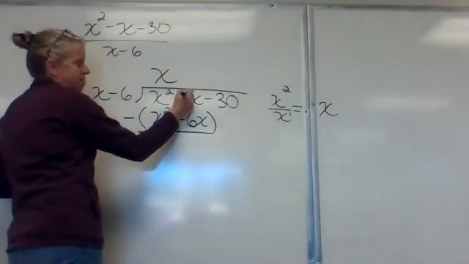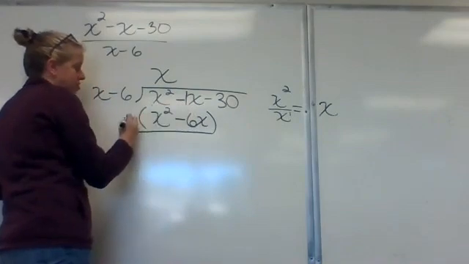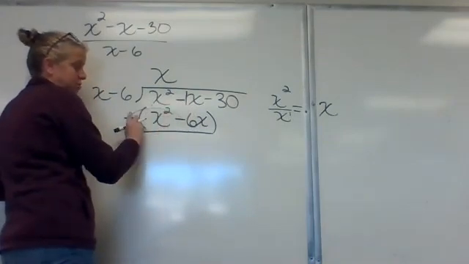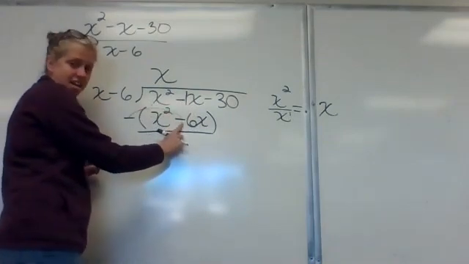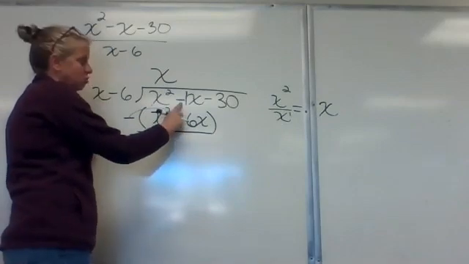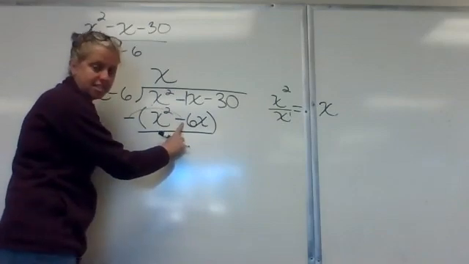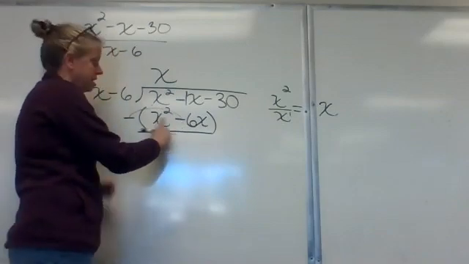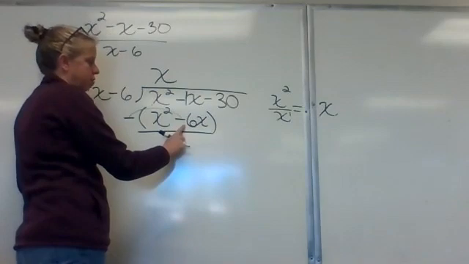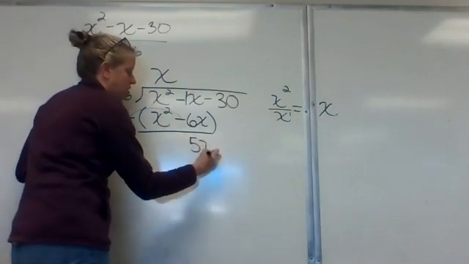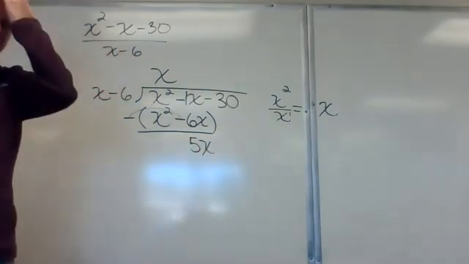Here I've got a negative 1x. Since I'm subtracting negative 6x, that turns into plus 6x. So if I have negative 1 plus 6, that leaves me with 5x.